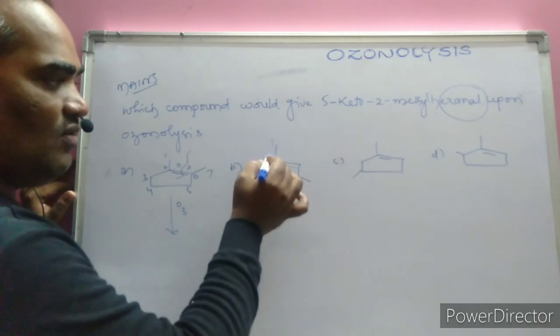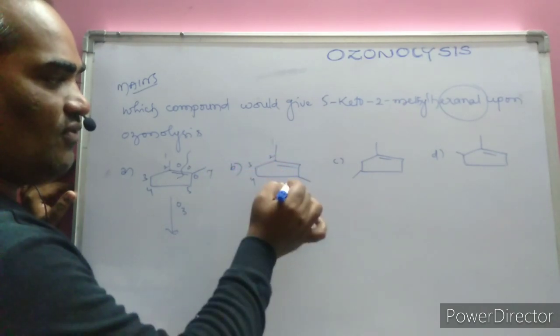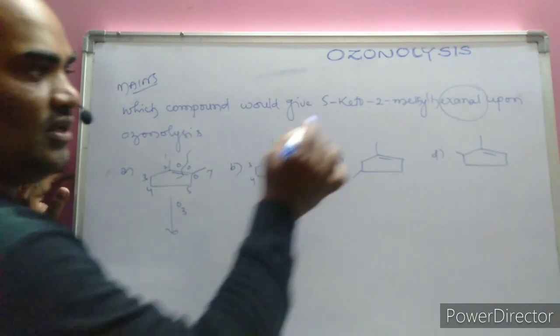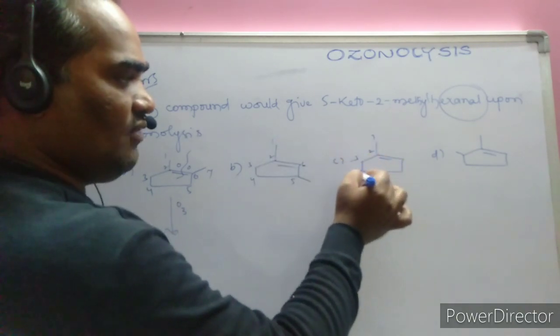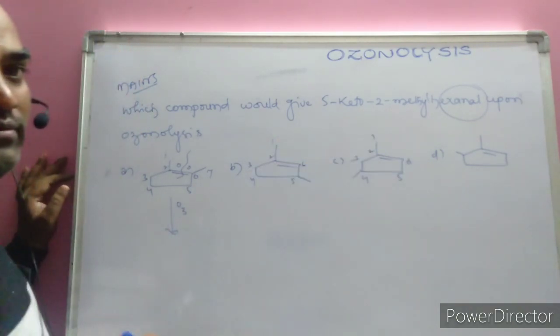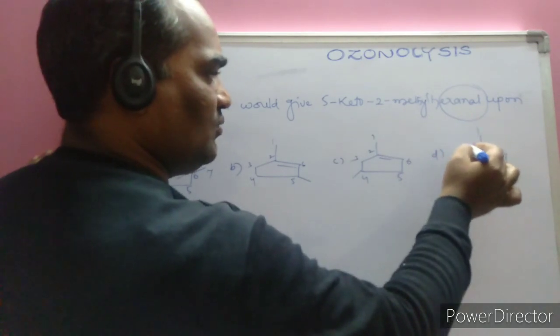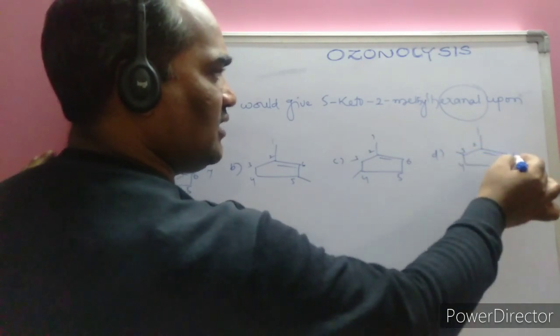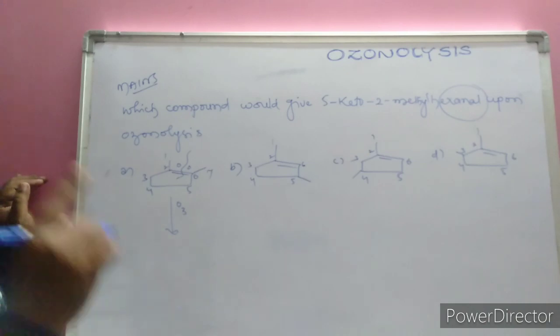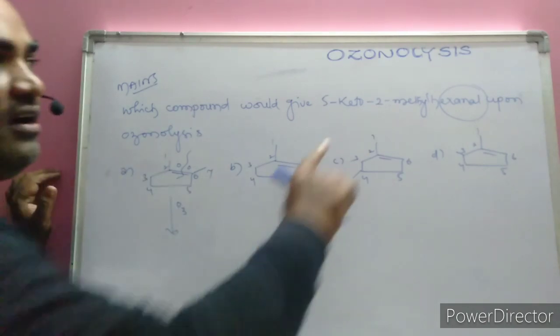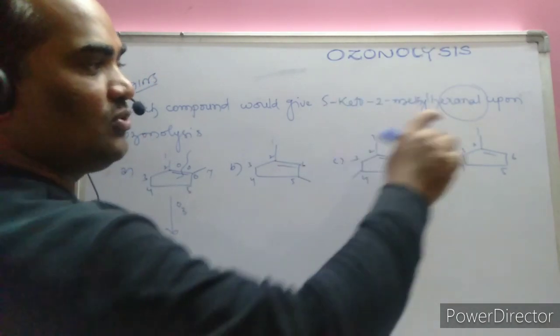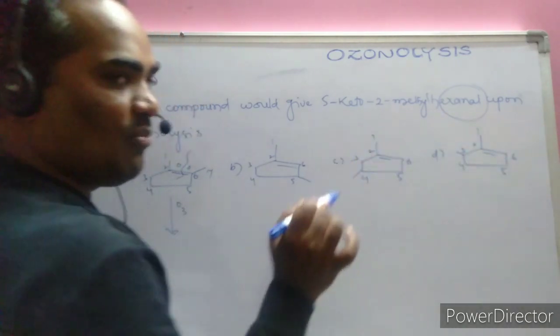What about this? 1, 2, 3, 4, 5, 6. Here 1, 2, 3, 4, 5, 6. Here 1, 2, 3, 4, 5, 6. For the aldehyde to be obtained at the sixth position of hexanol, there is no terminal here.